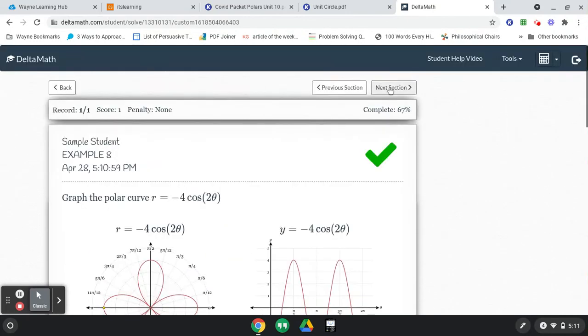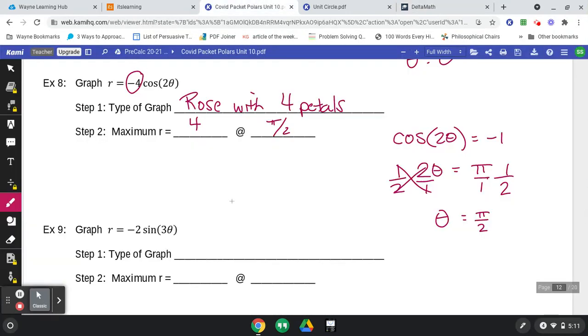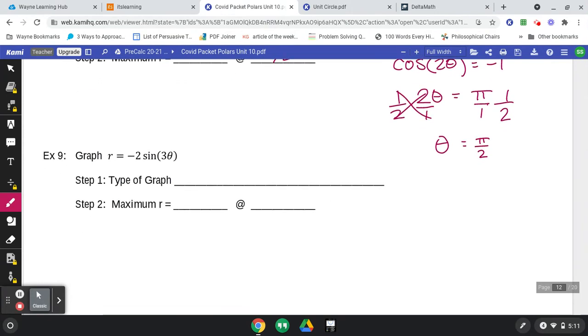All right, let's try the last one. Take a moment, see if you can get the information for problem number 9.